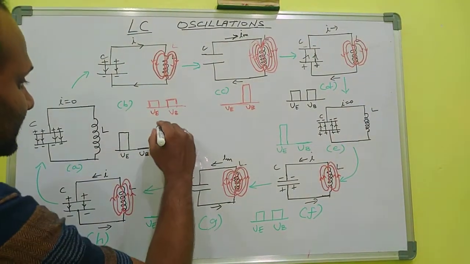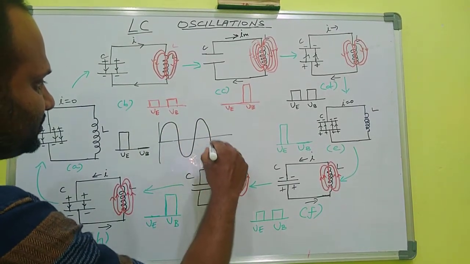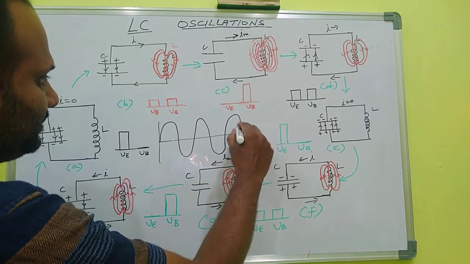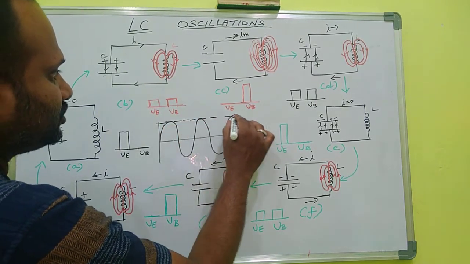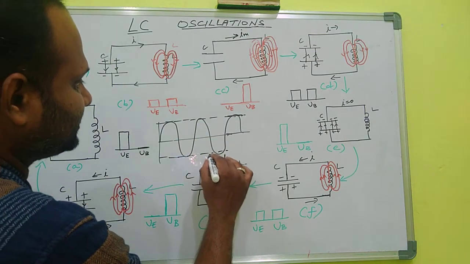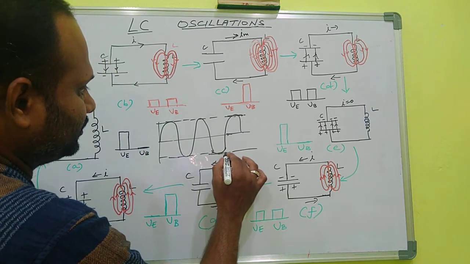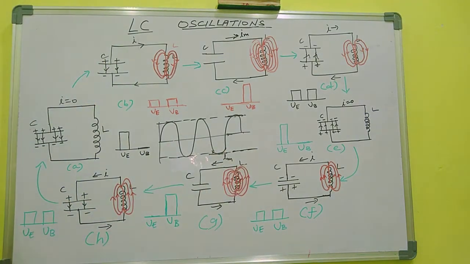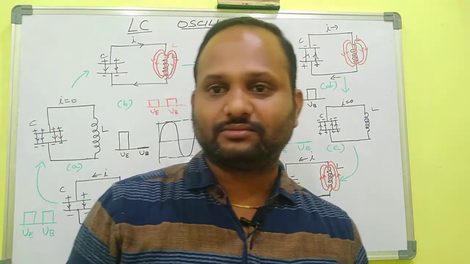It should be undamped oscillations. Undamped means there is no change in the amplitude till the end. This type of undamped oscillation is produced in LC oscillations of the ideal case.